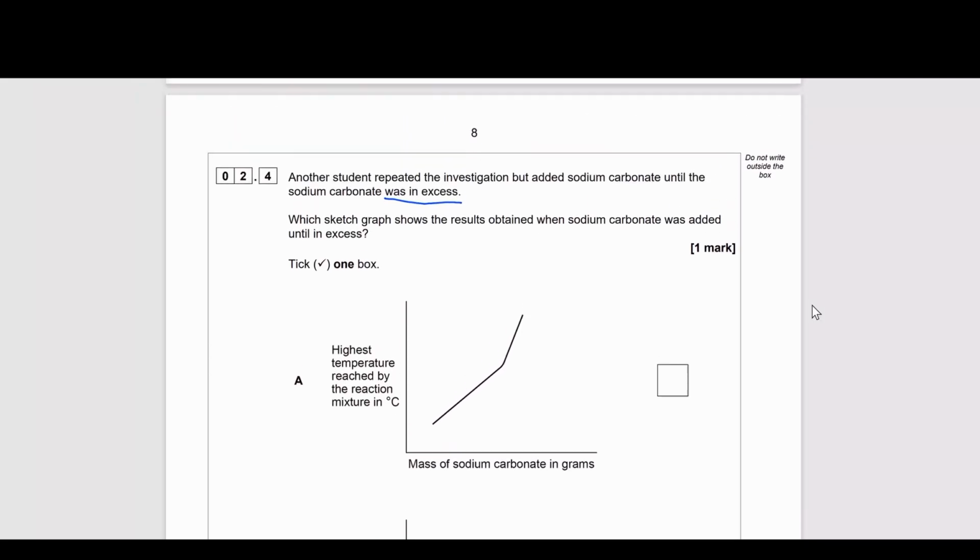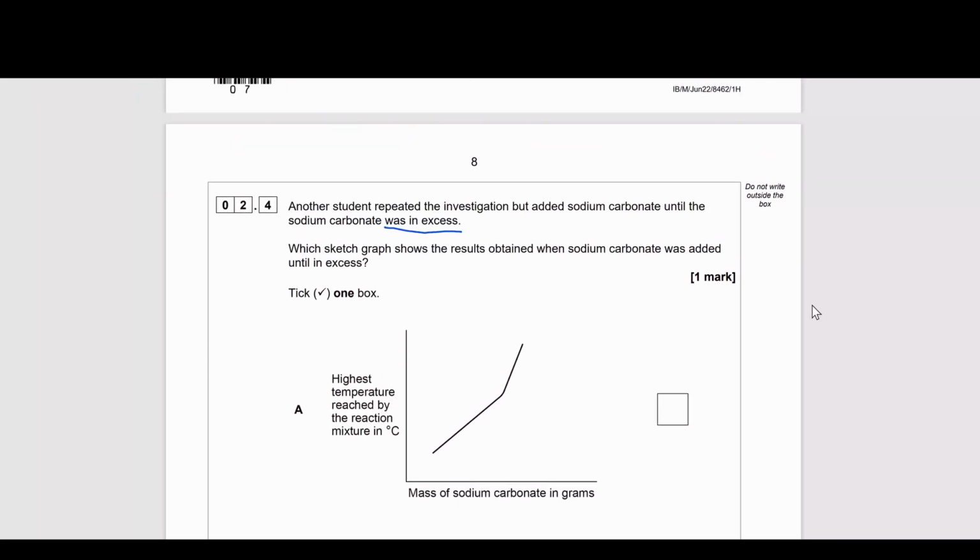Some sodium carbonate was added to our hydrochloric acid, and we get a temperature change. But when the sodium carbonate is in excess, most likely the hydrochloric acid is going to be saturated.